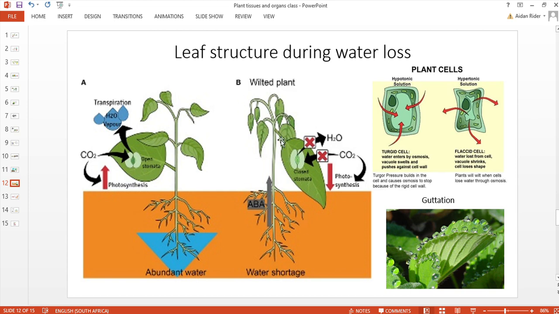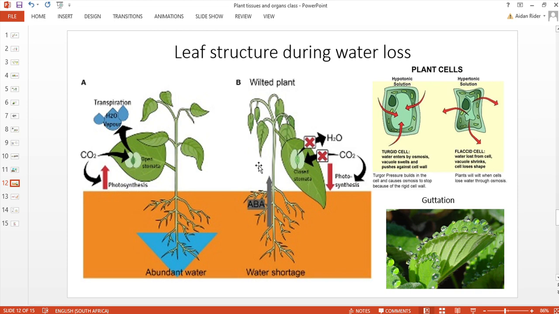And as soon as there's less water inside the plant than outside, the cells, as it shows you here, don't have a lot of water in the vacuole. So the cell structure collapses in on itself, and it becomes flaccid. Flaccid just means there's a lack of water inside the plant cells. When it is wilted, the leaves look crumpled and weak, and they start to fold in on themselves.